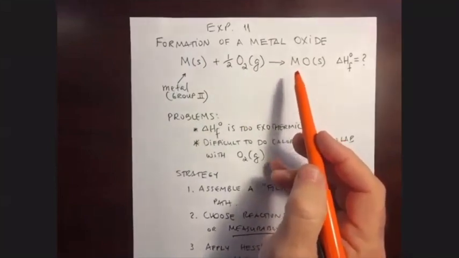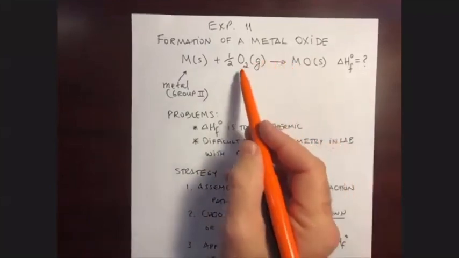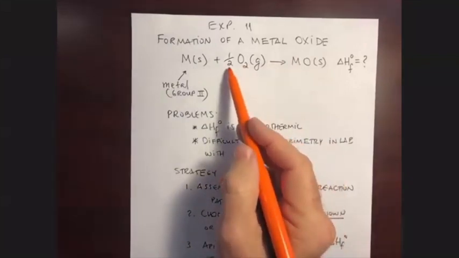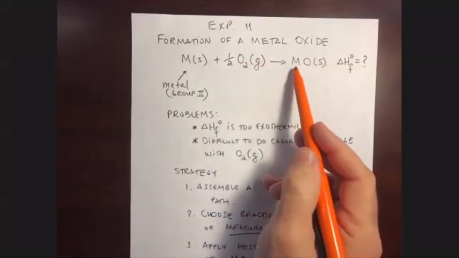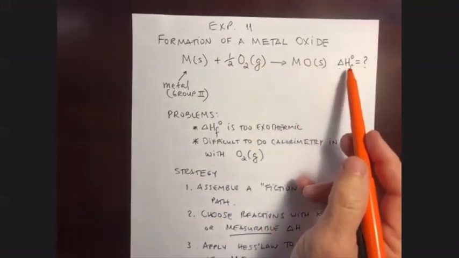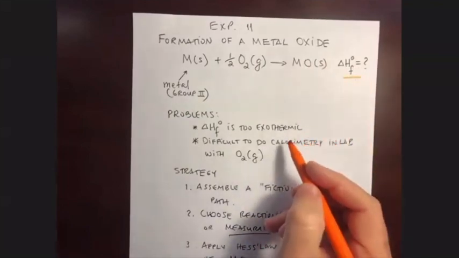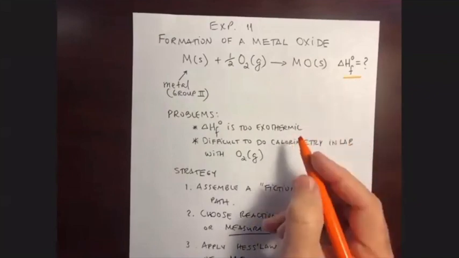This is balanced so as to yield 1 mole of the compound from its component elements in their standard states, which is why we sometimes have to use a fractional coefficient so that the coefficient on the product will be 1. We are interested in finding out what is the enthalpy of this reaction, because since this is a formation reaction, that would be the standard enthalpy or heat of formation of the metal oxide.